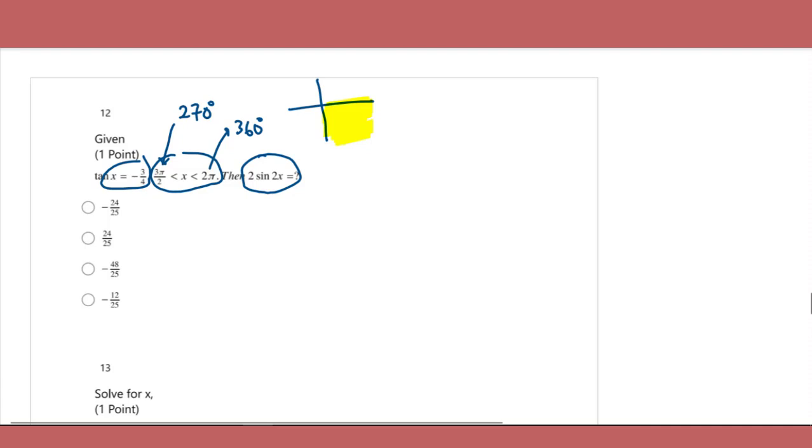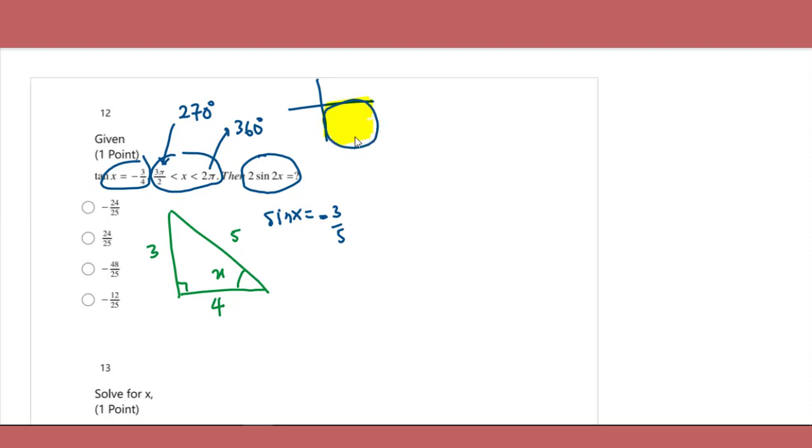Okay, and then tangent x is equal to 3 over 4. From the right angle triangle, we try to find sine and cos. So this is x, tangent x equals 3 over 4. 3, 4, Pythagoras theorem, this is 5. So sine x is equal to negative 3 over 5. Why negative? In the fourth quadrant, sine should be negative. Cos x is equal to 4 over 5 and positive in the fourth quadrant.